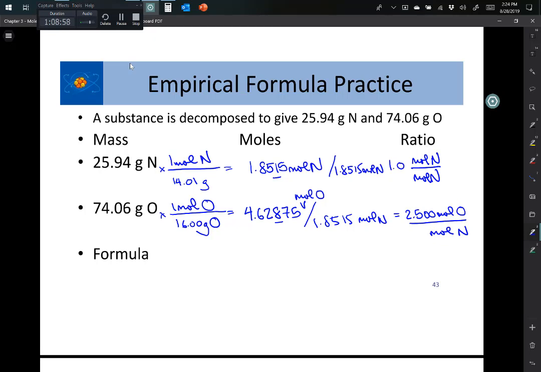I know this is going to come out to be 1. There's always one that's that one. But this one, I want to specifically know moles of oxygen to moles of nitrogen to get my mole ratios of the elements in the compound. Yeah, so let me write my last little note on here. Last little note on here is this is dividing by the smallest.